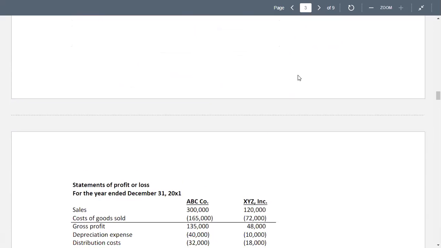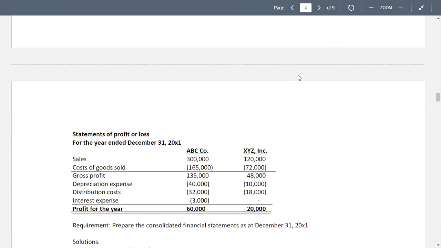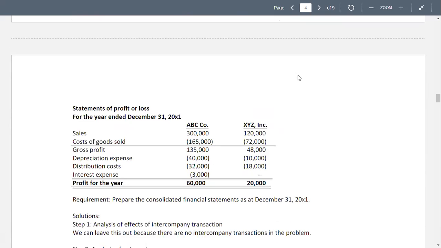Okay, we now go to your consolidated statement of profit or loss. First, before consolidation, we have the amounts of sales and cost of sales. We have the gross profit. We deduct depreciation and distribution cost. XYZ, being the subsidiary, earned net income of 20,000. The beginning balance of retained earnings of XYZ Incorporated was 24,000.